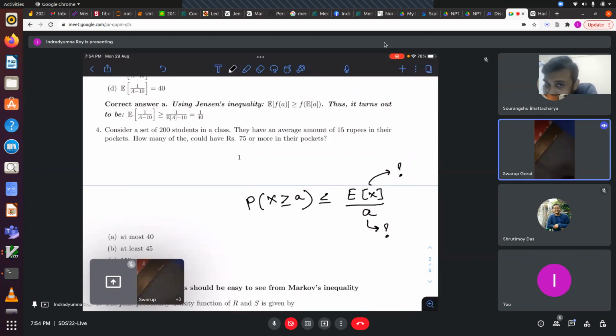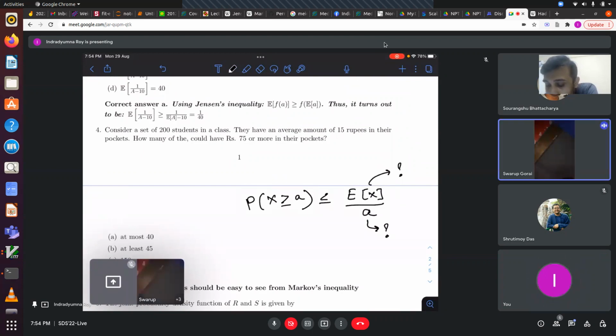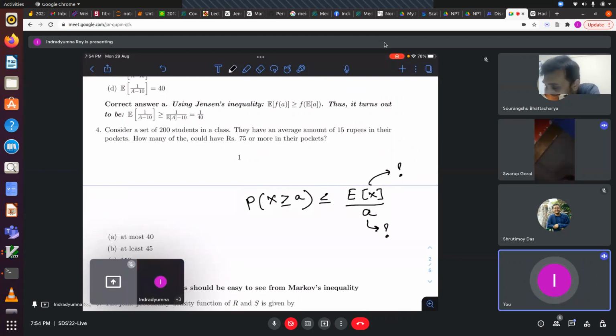Sir, they have an average amount in their pockets. So what is being asked here? What is the final question? How many of them could have 75 or more in their pockets? So how would you say that in the mathematical formula written below?